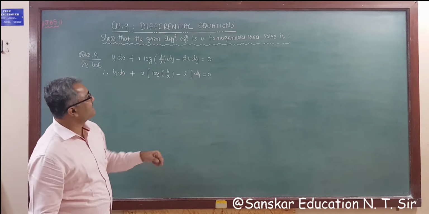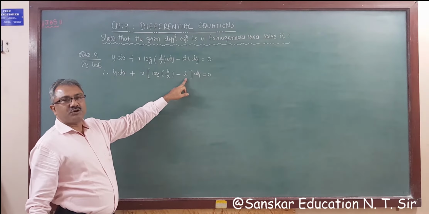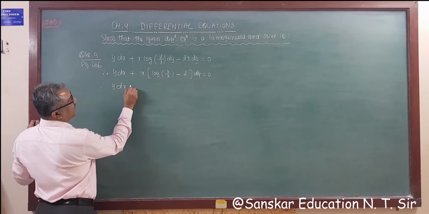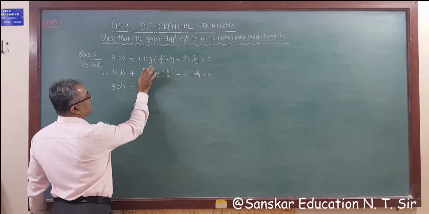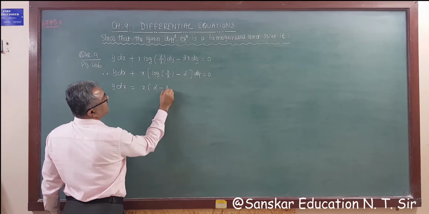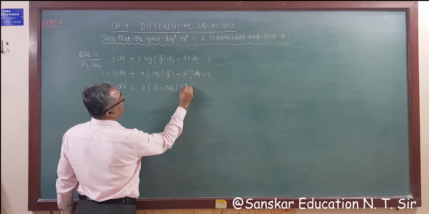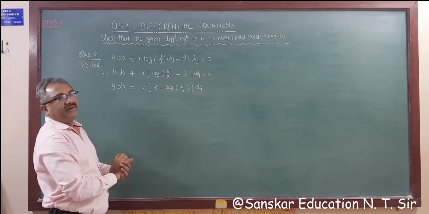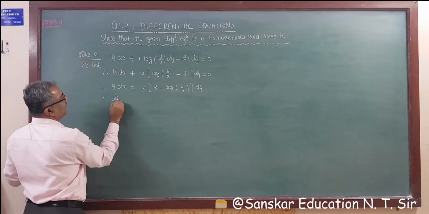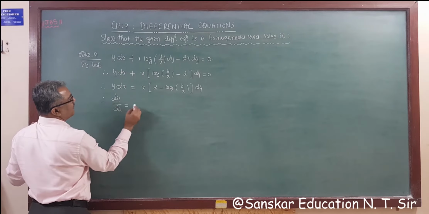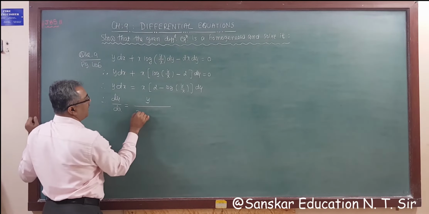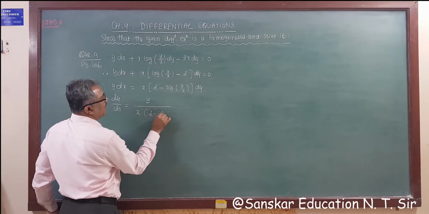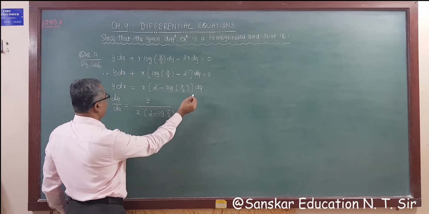As I told you, we have to express this in a dy by dx form. So taking these to the right hand side, this becomes minus, but I am taking minus common, so minus becomes plus and plus becomes minus. So we get dy/dx is equal to y upon x, and this is 2 minus log(y/x).